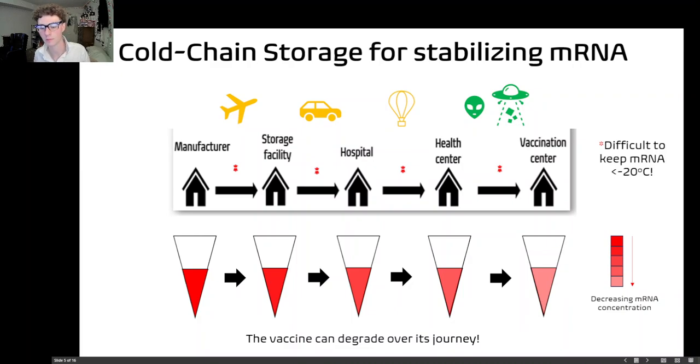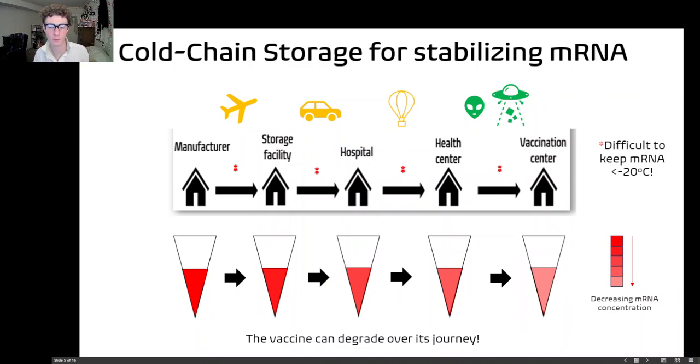The other problem is that the vaccine can actually degrade over its journey. So when the vaccine makes it between the manufacturer and the vaccination center, the temperatures the vaccine can be subjected to can be above -20 centigrade or warmer than that, and it can start to degrade over time.